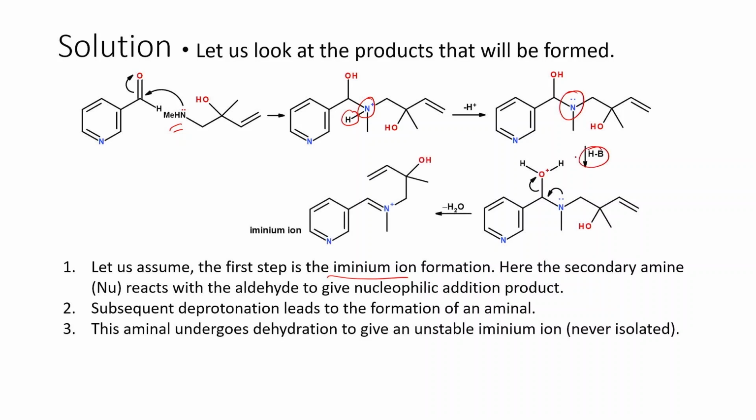So when the aminal is there, there is a hydroxy unit here, and this is protonated. And once it protonates, to neutralize the charge, a lone pair of electrons from the nitrogen is shifted towards here, and that leads to the loss of a water molecule. So that is the place where we end up with the iminium ion.